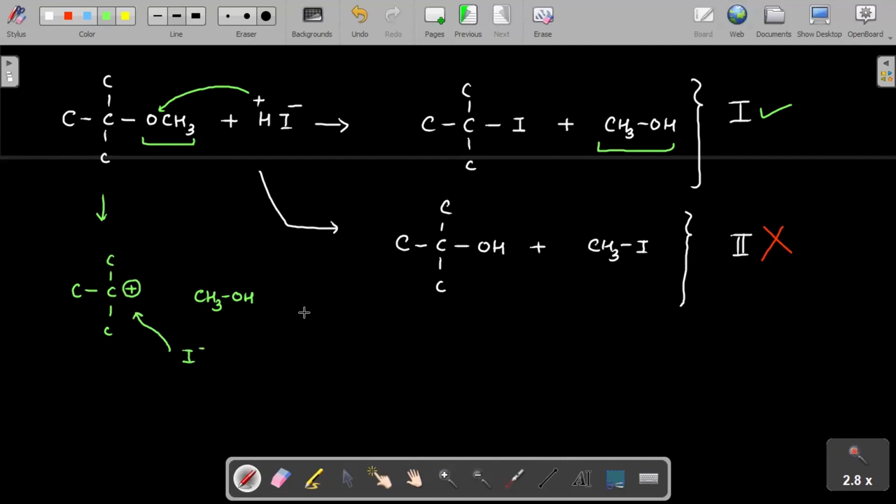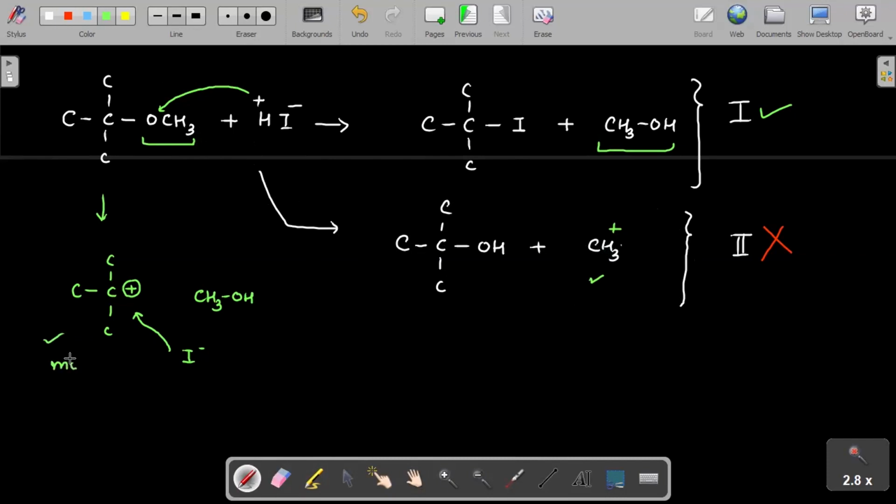So you have to remember this. First you make the carbocation, first you make the alcohol, then you make the iodine compound. For example, if the second process goes, I will have a methyl carbocation here. Now methyl carbocation is not stable compared to my tertiary carbocation.